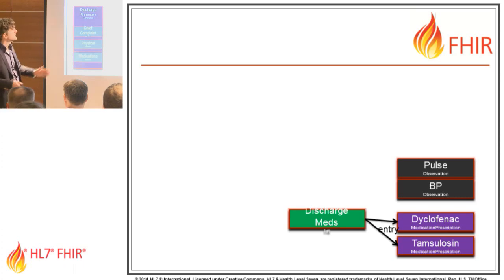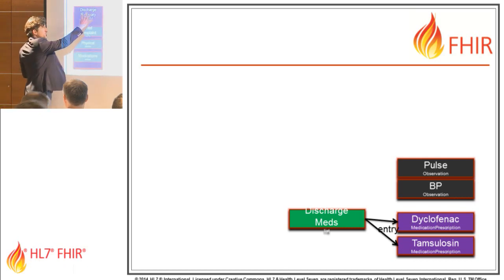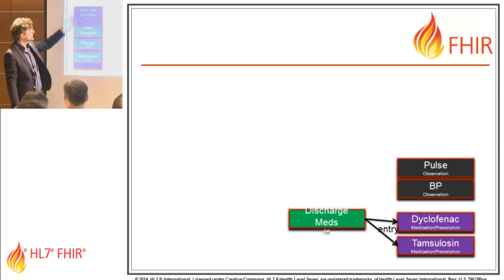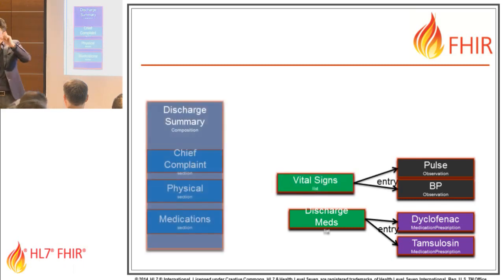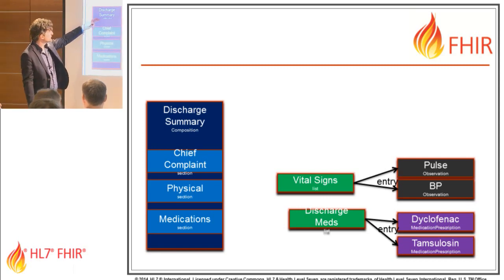And now here's the magic. We have a resource called composition. And composition itself does not contain data, but you'll probably by now recognize the pattern. It will be able to reference other resources which are part of that composition. So if we want something like a discharge summary, which is really not a single resource, but a document, we can use the composition resource.